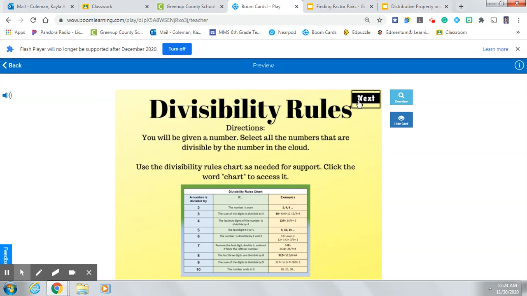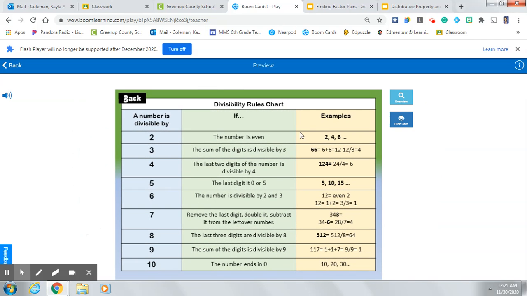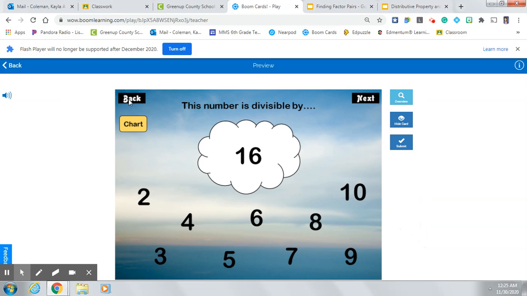So I'm just going to go to the next slide just to show you an example. So we have the number 16, and it says this number is divisible by. You would check your divisibility rules. You can go back to this chart. You can check your divisibility rules for 2, 3, 4, 5, 6, 7, 8, 9, 10. I know that I can divide 16 by 2, so I'm going to click the 2, circle it.